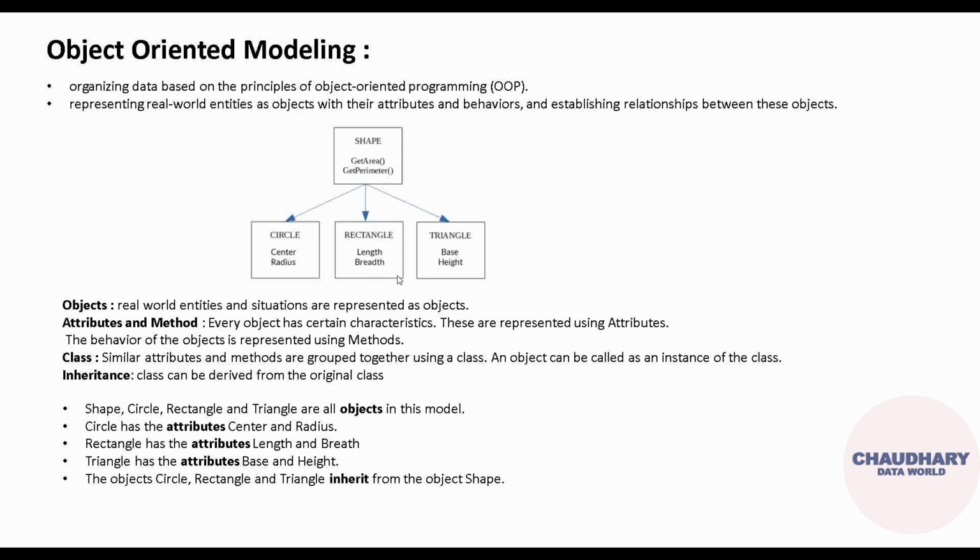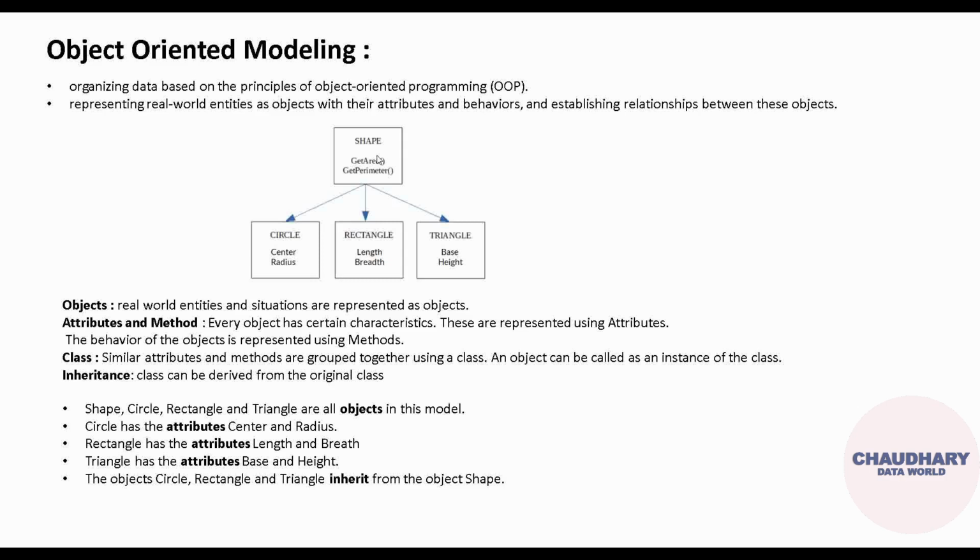And the derived attributes from all these three are dumped into this shape object. The attributes here are get area, that means if you want to find area, you will have different area calculations from all these three. After that, get perimeter. These are the attributes for this shape object.